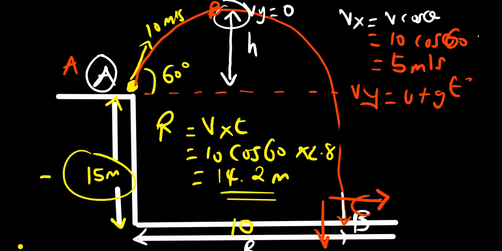Our u in the y direction, you saw, is just 0 at the maximum. Plus our g in this case is 9.8 multiplied by our time.